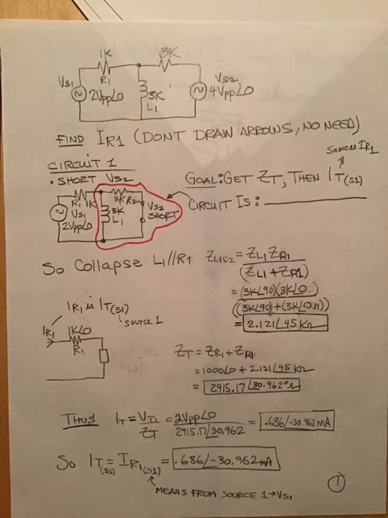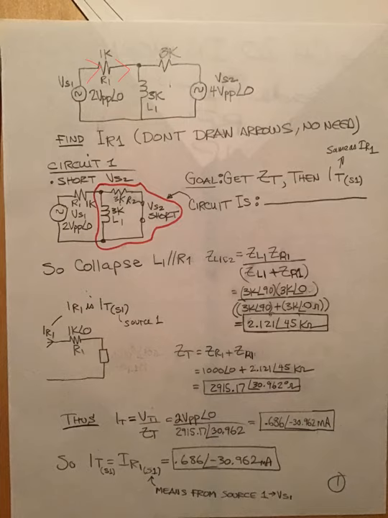So our goal will be to find the current through this resistor, IR1. That happens to be the total current when the first power supply on the left is considered. So there's no need to draw any arrows. There's no need to worry about anything. Let's just work 3 problems and get good at this.